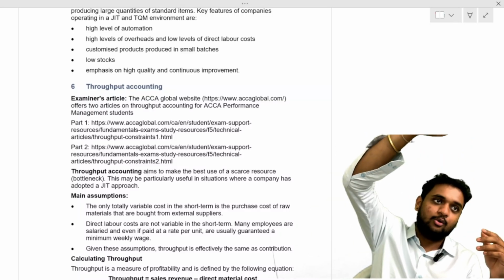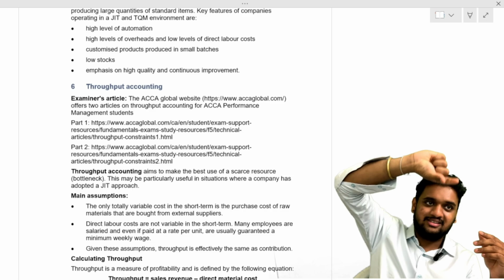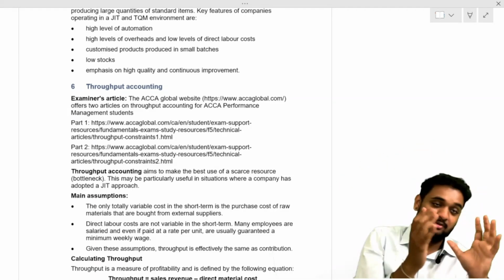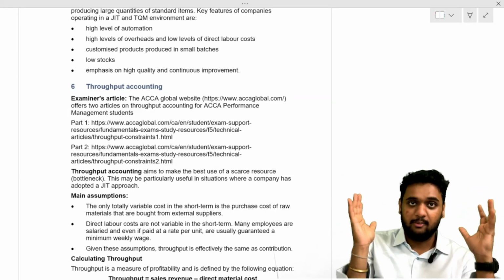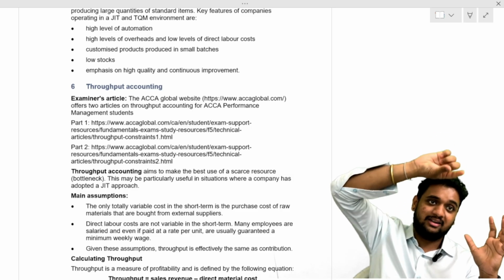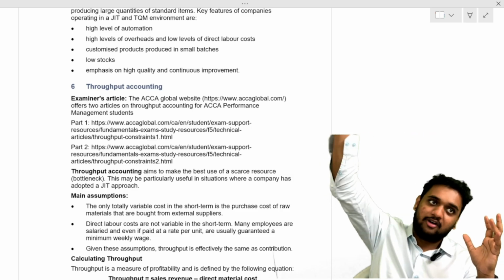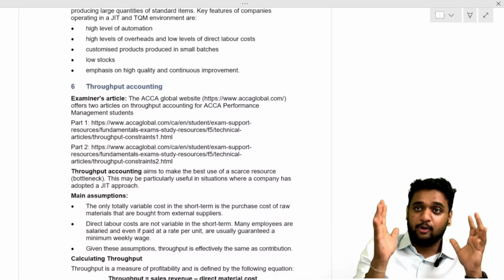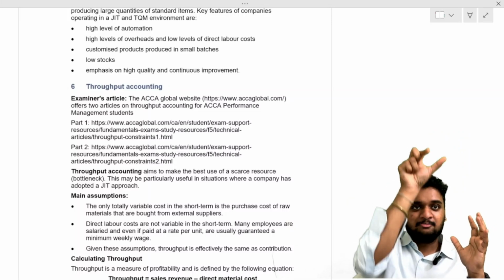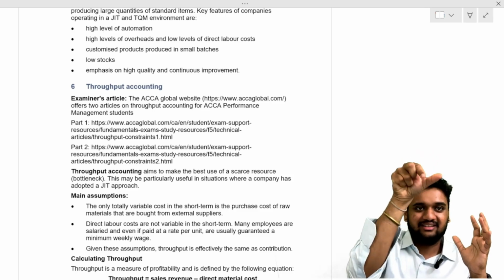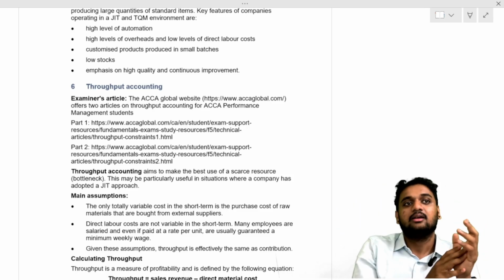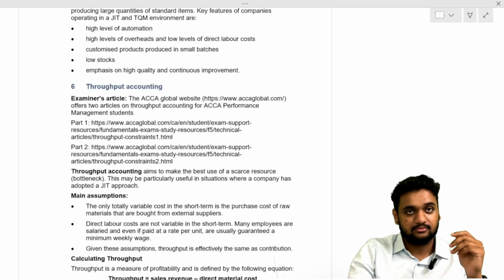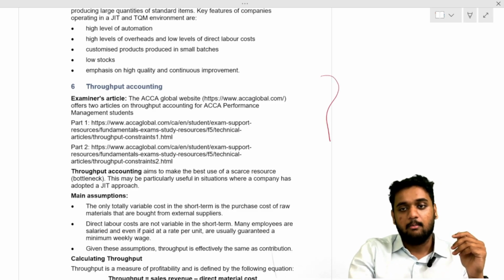However much water you pour above, the neck is limited. The lower part may be huge, but the neck part is limited. However fast you pour, only what can go through will go. Here we can produce more, but in this part it's a constraint and we can produce only less. That is why it's called a bottleneck.